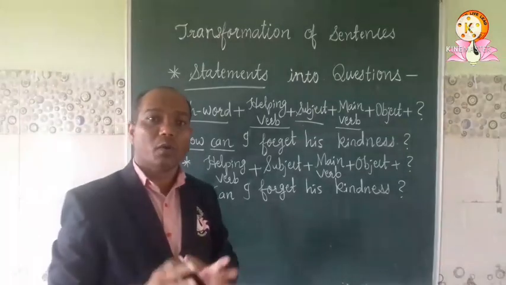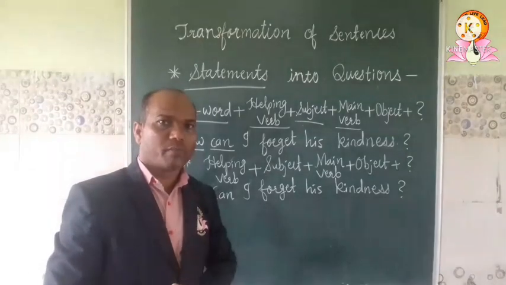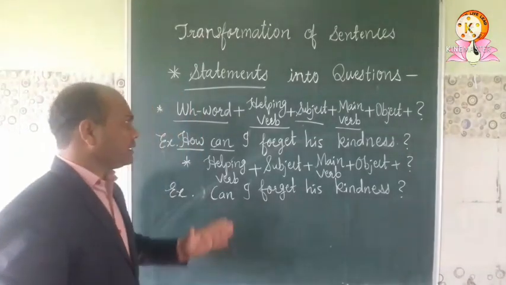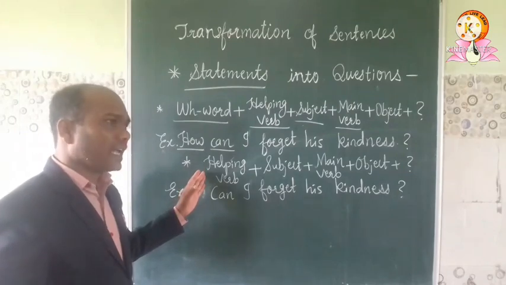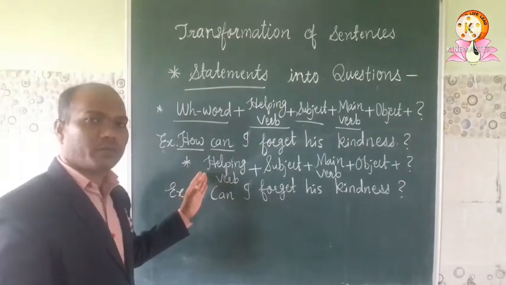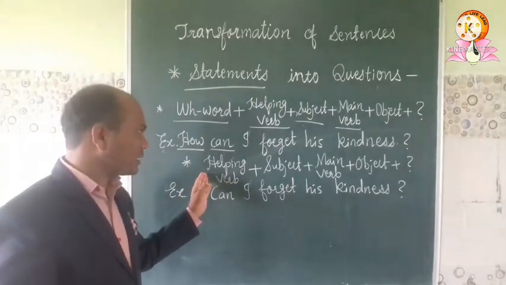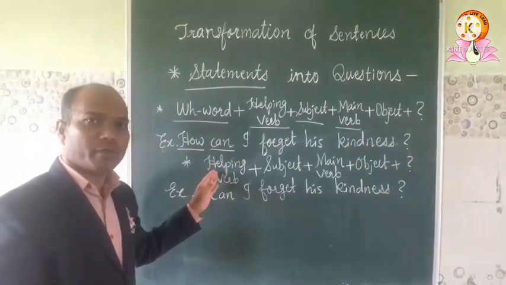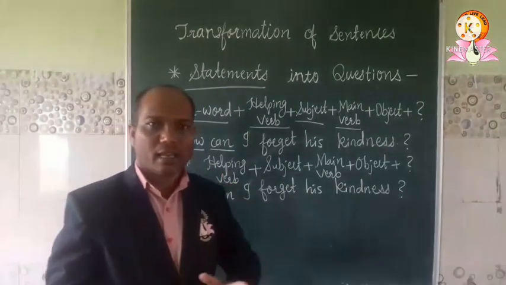Now, let us understand how to form yes-no type of question. This yes-no type of question can be formed with the help of such a formula or the structure. First, we have to use helping verbs. You know that there are the helping verbs.